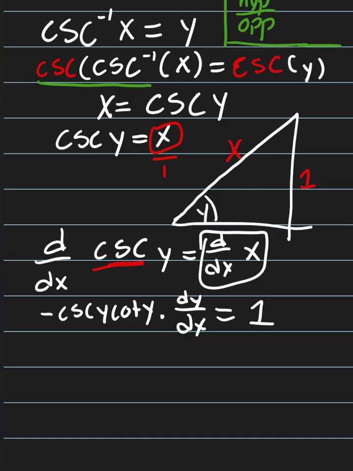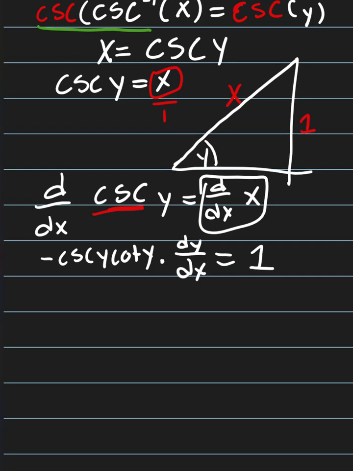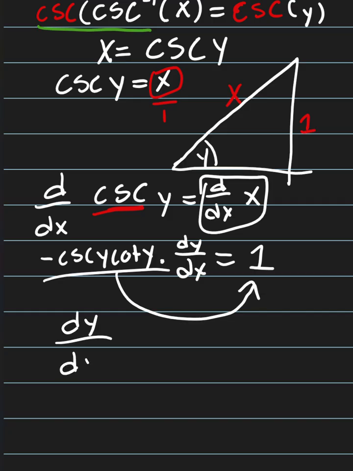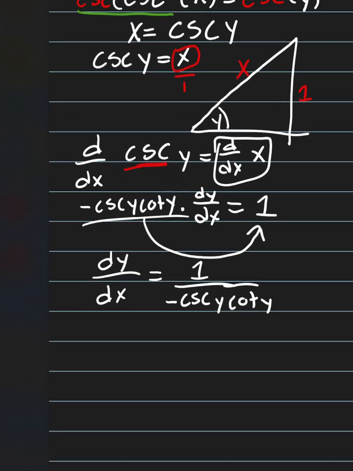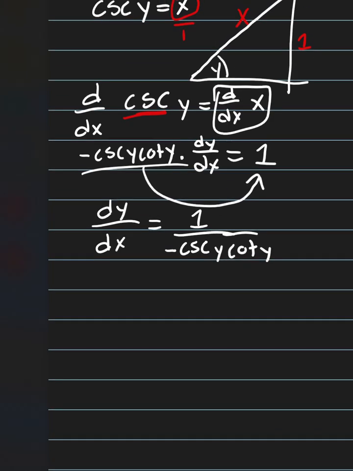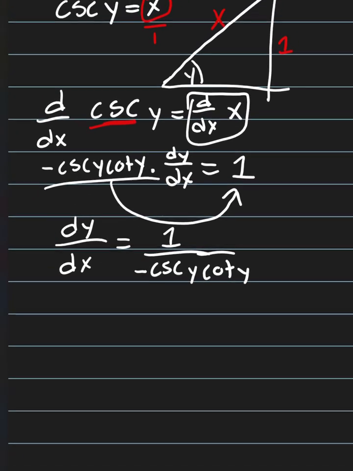Beautiful. Now we take this and put it under our 1. So we're left with dy over dx is equal to 1 over negative cosecant y cotangent y. And this is enough information to solve for our derivative. What is cosecant?